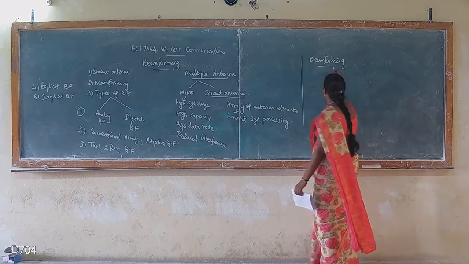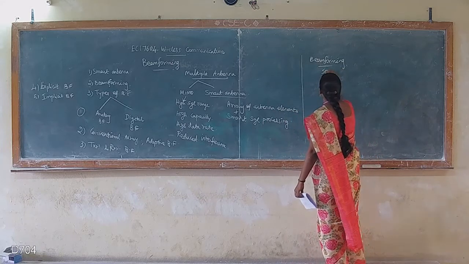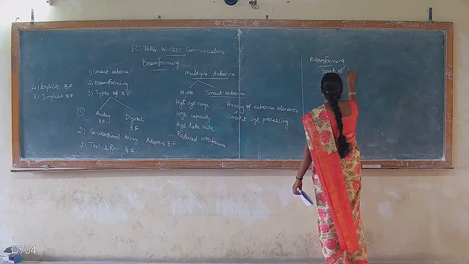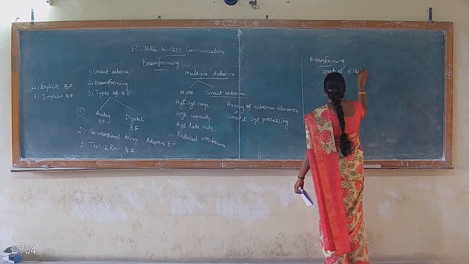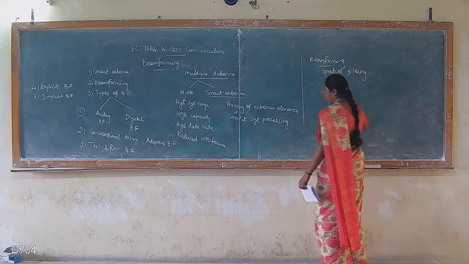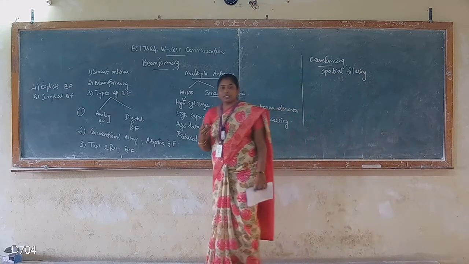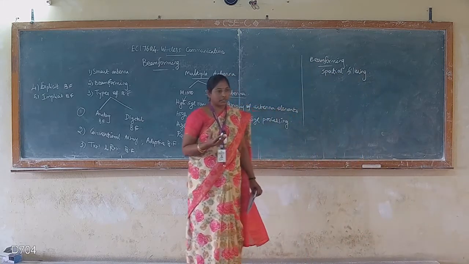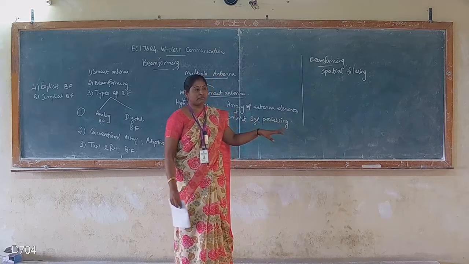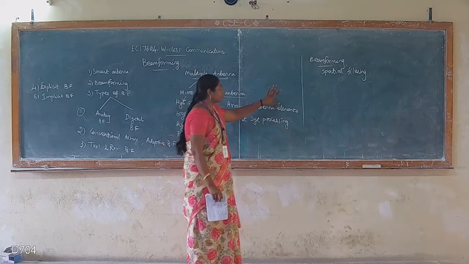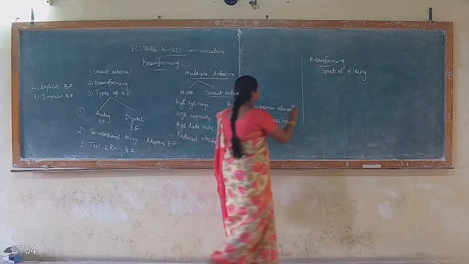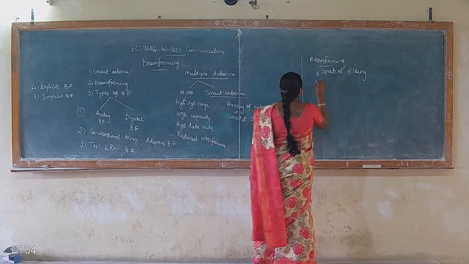Another name for beamforming is spatial filtering. Why is it called a filter? Because it allows the signal only towards the target and it rejects all other interference. That is the name spatial filtering.